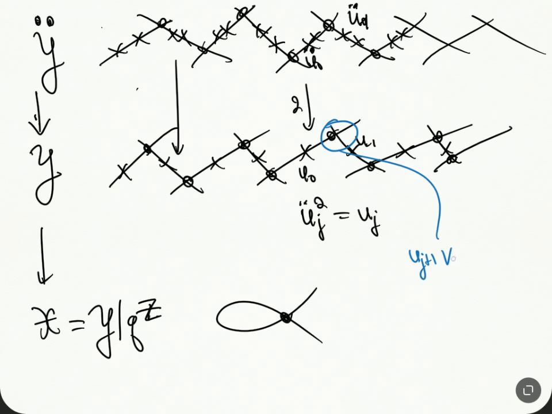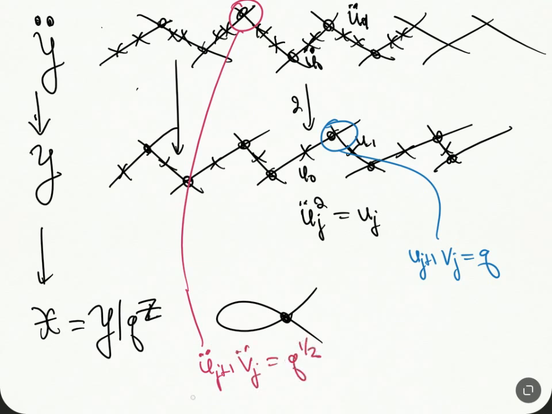So uj plus 1 vj was equal to q, okay? And then when you specialize, this becomes 0, which is why you see that. But up here, we're going to have a square root. So uj plus 1 dot dot vj dot dot. So this is q to the 1/2.